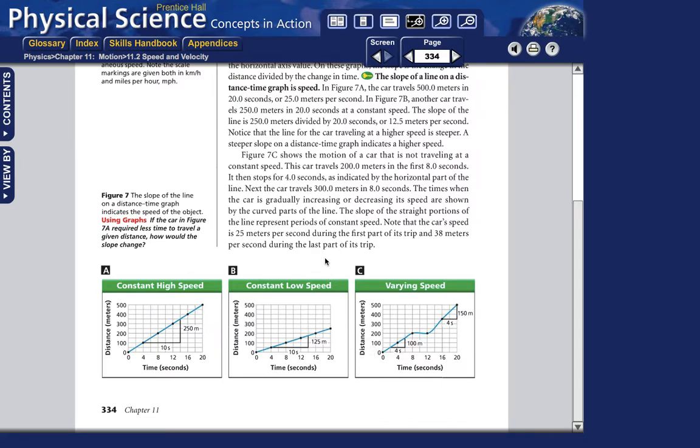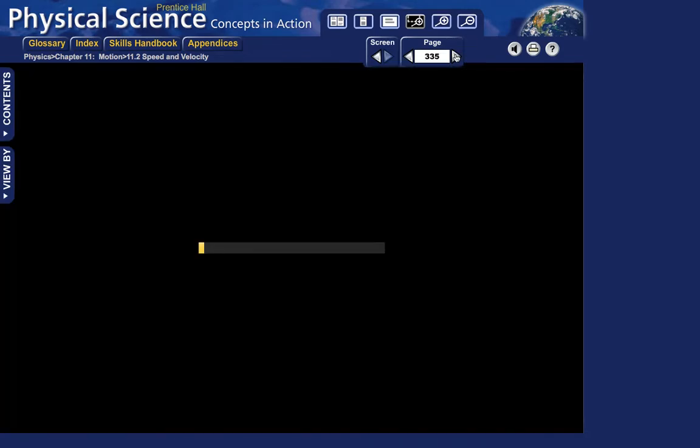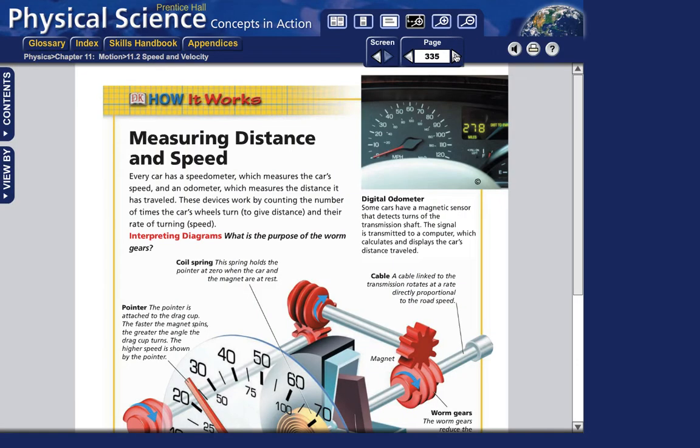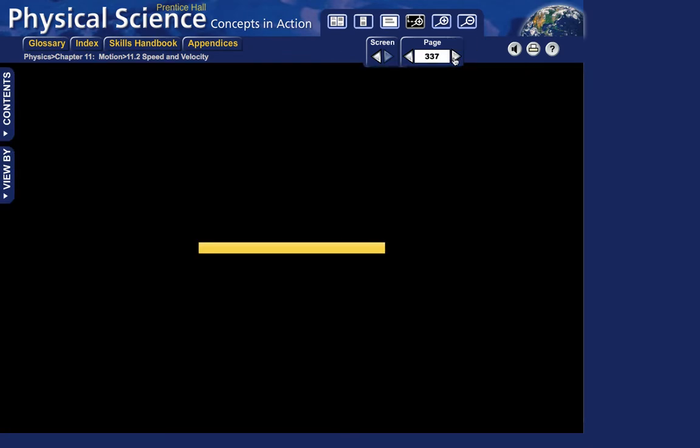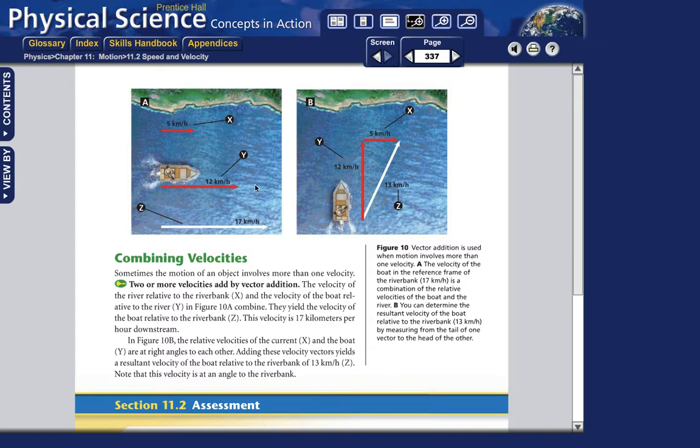Okay, let me go to the next one. Make sure you are reading the stuff in here. Combining velocities. This one right here is showing you the current of the river.